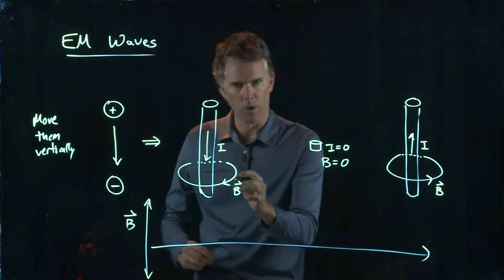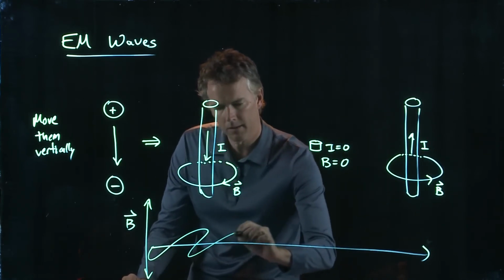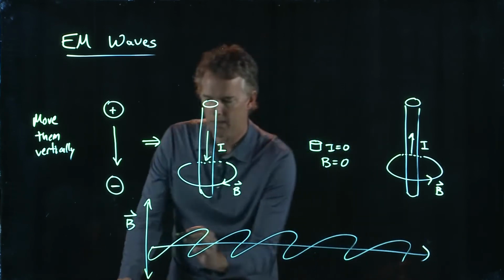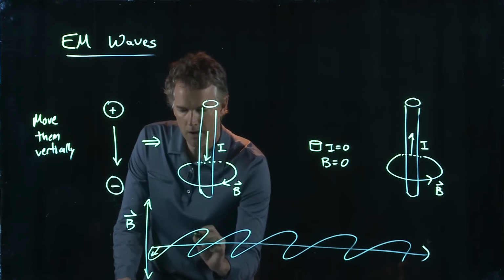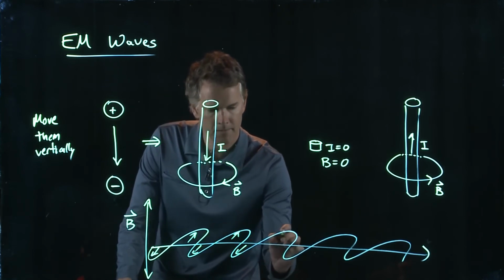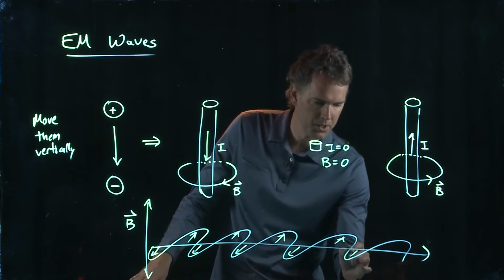If I think about just one side of this, B is now going to be like this. This is supposed to be coming out of the screen and into the screen over and over again, and we're trying to draw it in the third dimension here.